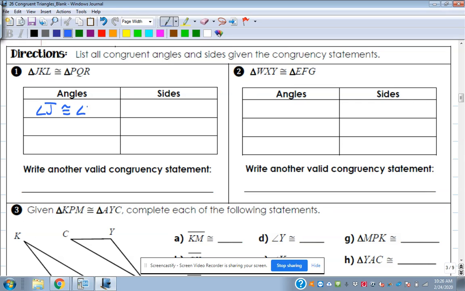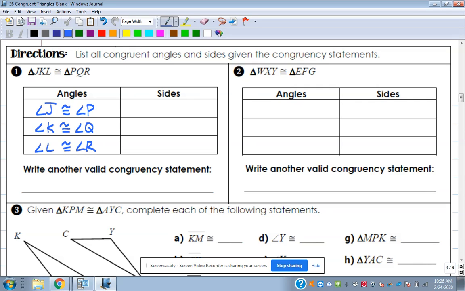P, because it's in the same spot. Angle K would be congruent to angle Q, and angle L is congruent to angle R. Again, follow the order of the letters: J, K, L, P, Q, and R. Very easy for the angles.